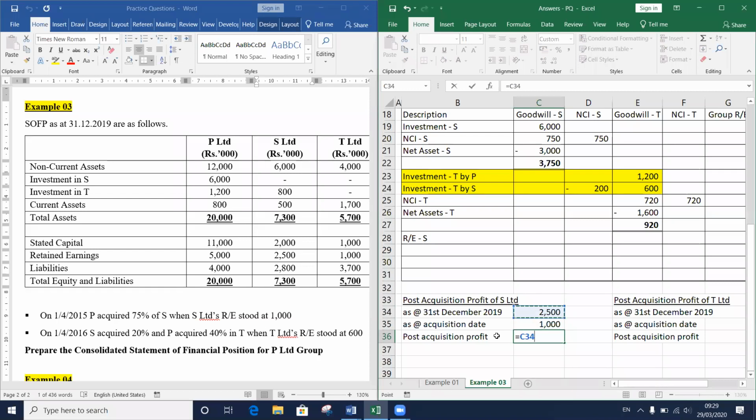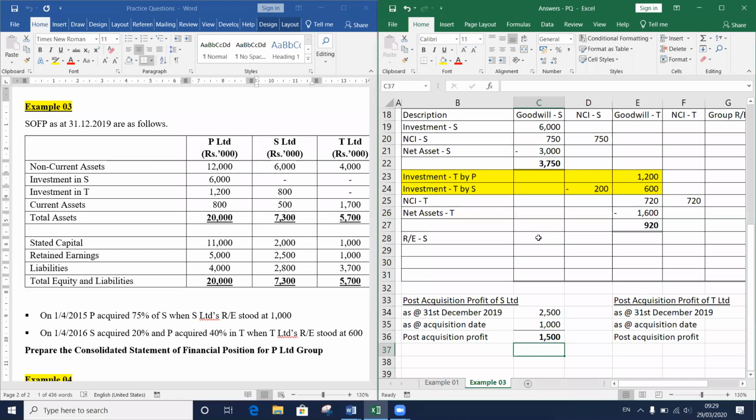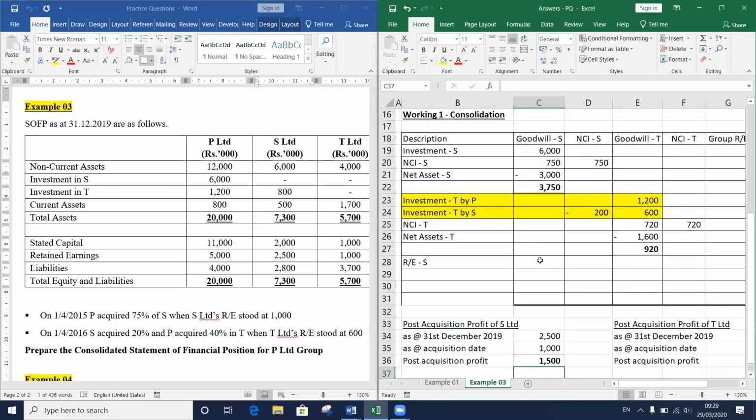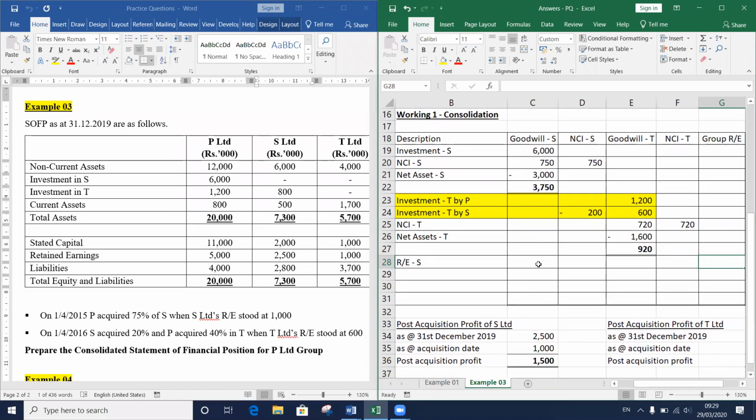It means after the acquisition, they have generated a profit worth of 1500. ඔය අපි acquire කරගත්තට පස්සේ generate කරපු 1500න් අපිට කොච්චර percentage එකක් අයිතිද? 75%. It means 1125. Rest of the 25% අපි මොන column එකටද දාන්න යන්නේ? NCI of S, right? Yes.